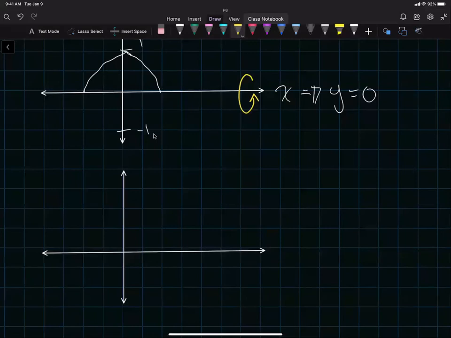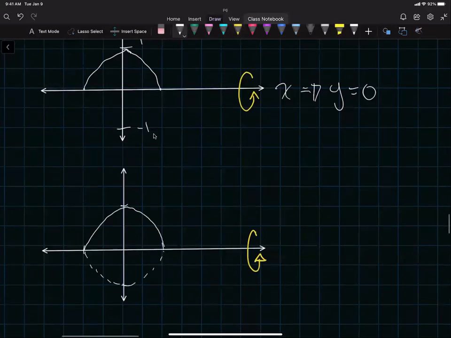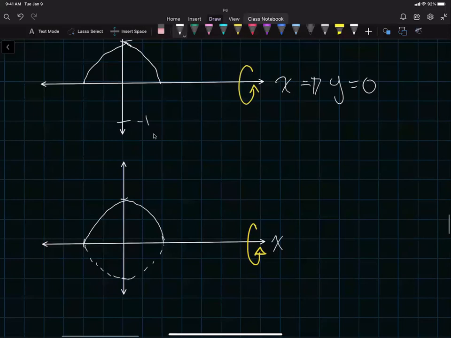And now on your second graph, so you're going to be using 2 graphs. On your second graph, you're going to go ahead and sketch your rotation. So this is like this. And then here, this is going to be my reflection. Okay, so that's my reflection across the x-axis, or also known as y equal to 0.